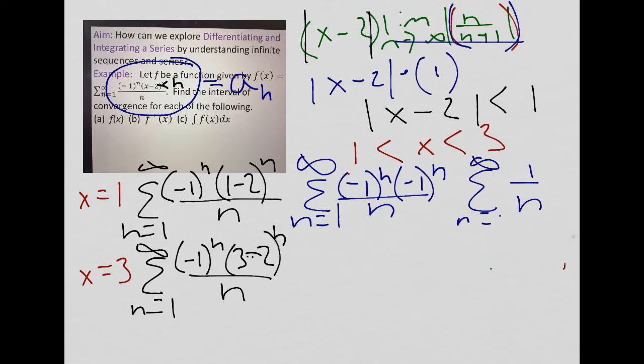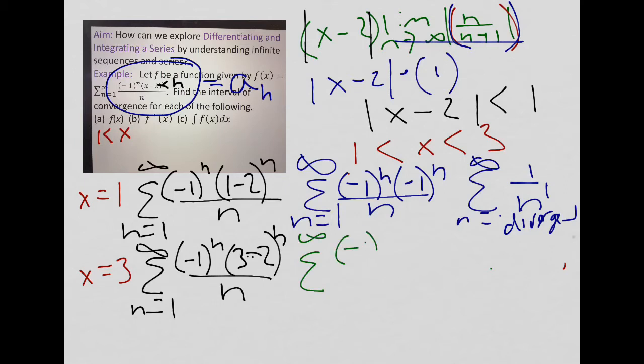And so if you remember, p is 1, so this is going to diverge. This is your harmonic series, by the way. This diverges, so we're not going to include the 1. Okay, so let's say 1 is less than x here.